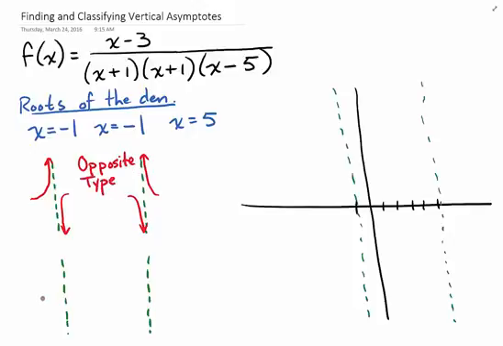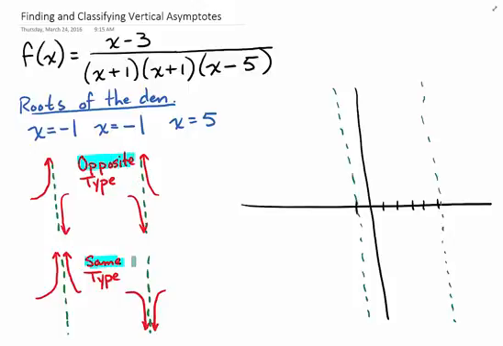We can also have vertical asymptotes where the graph goes up on both the left and the right side to positive infinity, or down to negative infinity on both sides. And these are what we're going to refer to as the same type. And so that's what we mean by classification. Is our vertical asymptote of opposite type or same type?